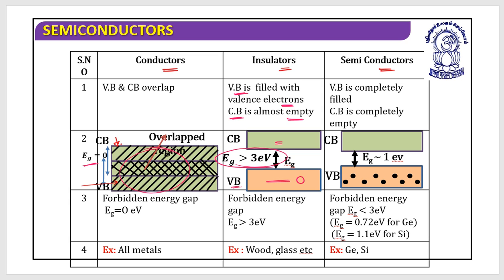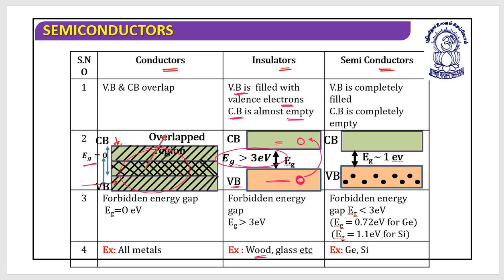That means if you wish an electron to switch from the valence band to the conduction band, you must apply a large amount of energy to it. Examples of insulators are wood, glass, etc.